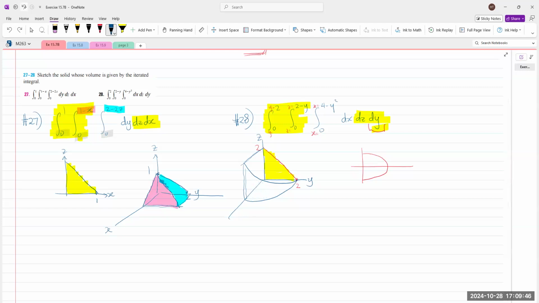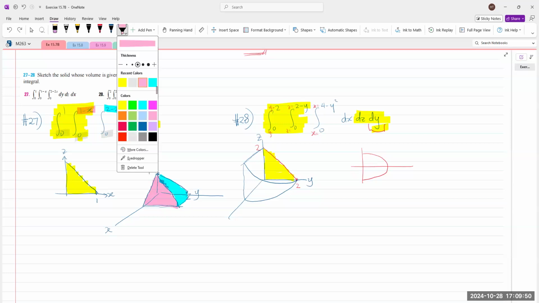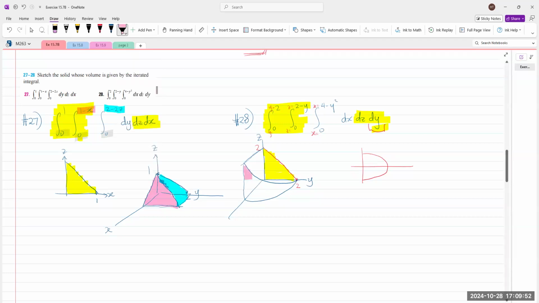I try to color it in a way that I can refer to that later. So this part here is this.